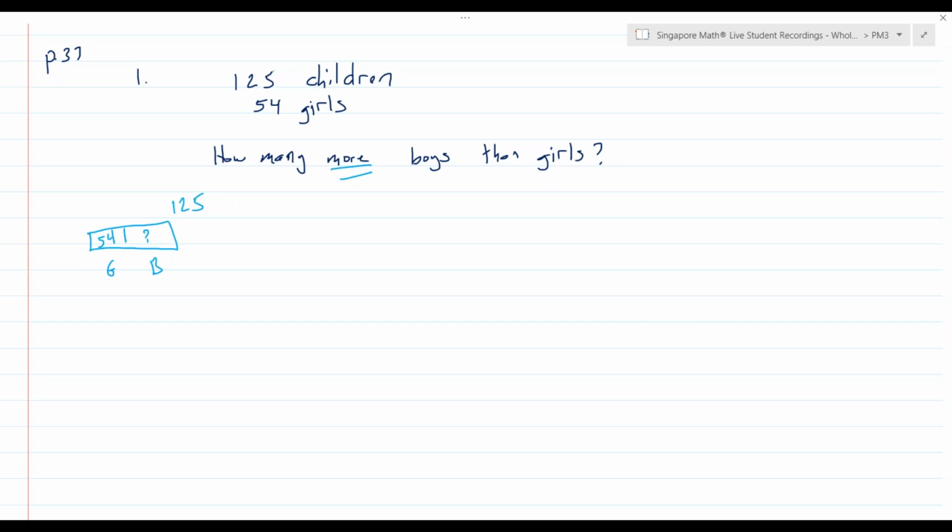So by thinking about this, you see that girls is a part and 125 children is the whole. We could subtract that to find out how many boys there are. If I were subtracting this, I would think 12 10s minus 5 10s is 7 10s, and 5 1s minus 4 1s is 1 1. So there are 71 boys.